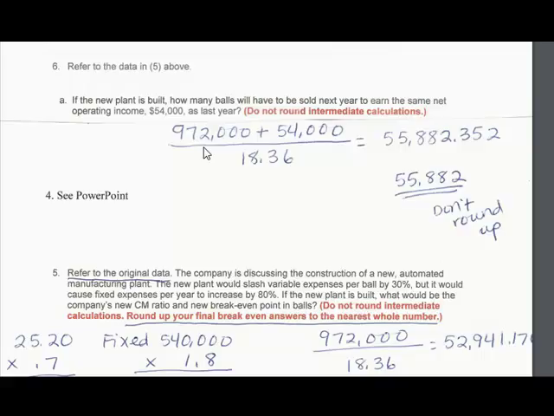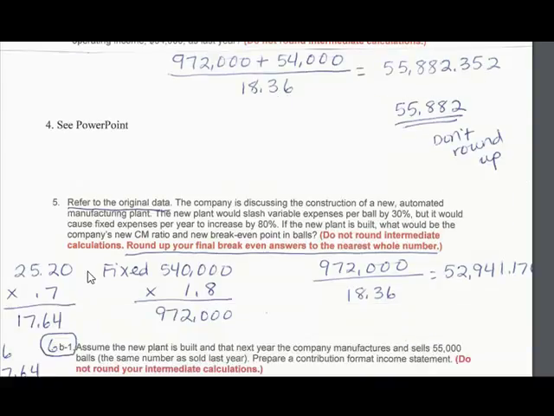So we're going to do target profit analysis. We're going to take the new fixed expenses, add the $54,000 in profit that we're trying to achieve, divide by our new unit CM, which we calculated back in part 5.